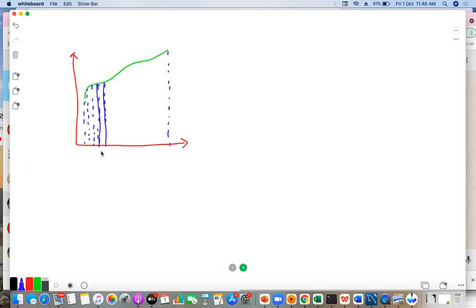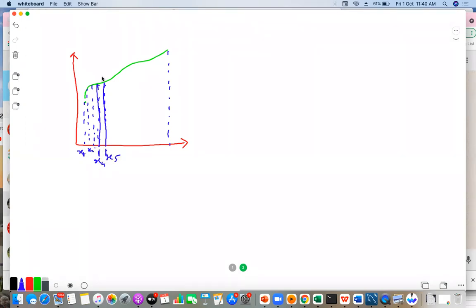Let us say this is delta x, and if this is x1, this is x2, x3, let's say this is x4 and this is x5.